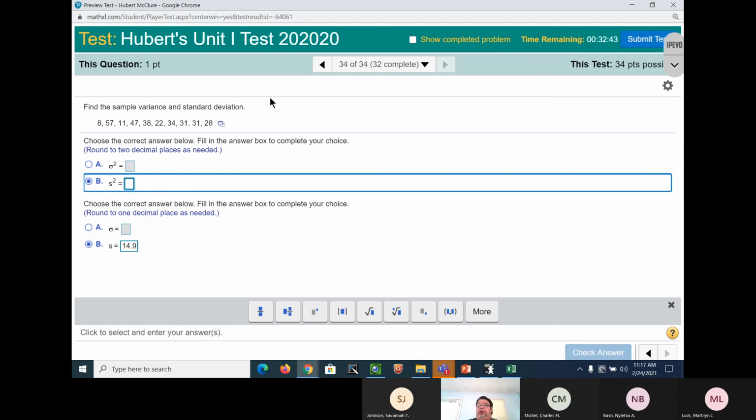It's round to 2 decimal places. And you said raise it to the second power? Like it says right there, S squared. Okay, I got 223.12 repeating. That's good.